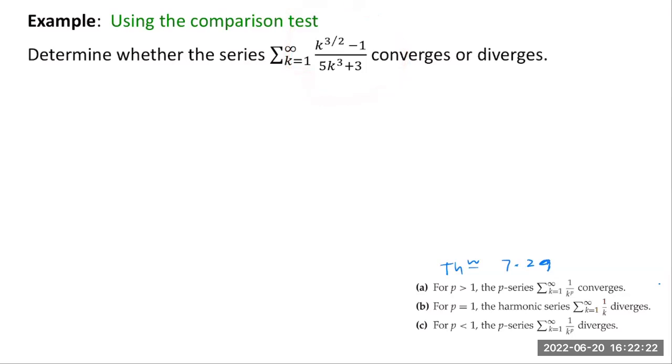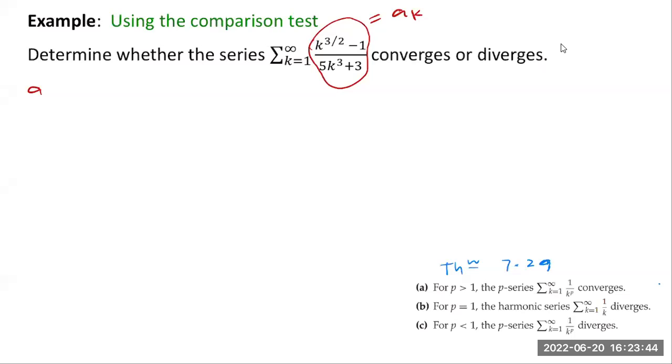So you start with your AK. First of all, notice that your AK is this term, right? I'm going to start with my AK. AK is, of course, k to the power 3 over 2 minus 1 divided by 5 times k cubed plus 3.